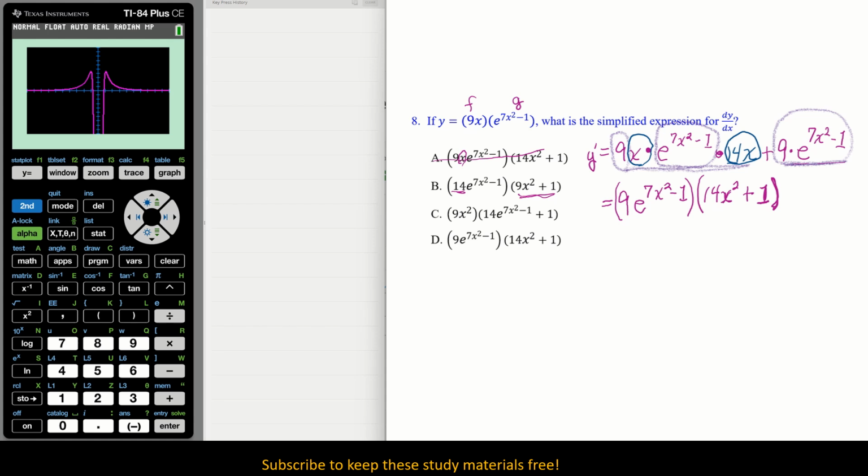You can only pull out and put in front here what you have on both sides of your plus sign. So you're looking at your plus here. So no, I don't like that. So let's get rid of that. And C, no. They didn't pull everything out. They left some things in that they shouldn't have. So the only option, hopefully D is it. And yes, I agree with the term being pulled out. And then I agree with where they left their plus. So that would have to be option D.